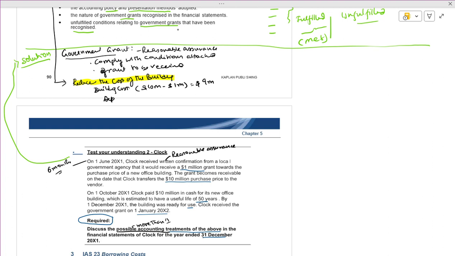Depreciation is 9 million divided by 50 years, times 6 by 12. 9 divided by 50 times 6 by 12. It comes to how much?